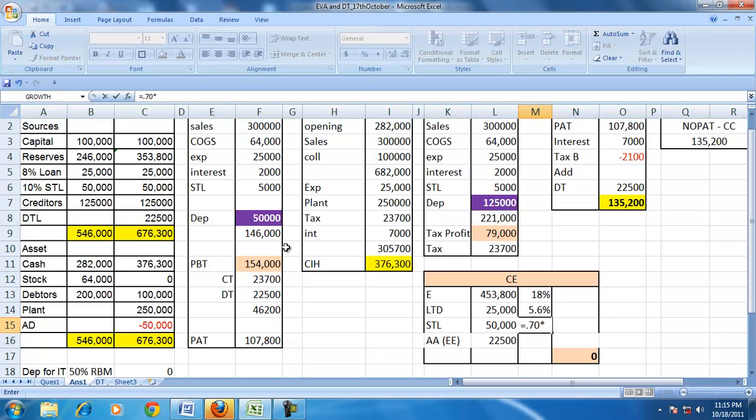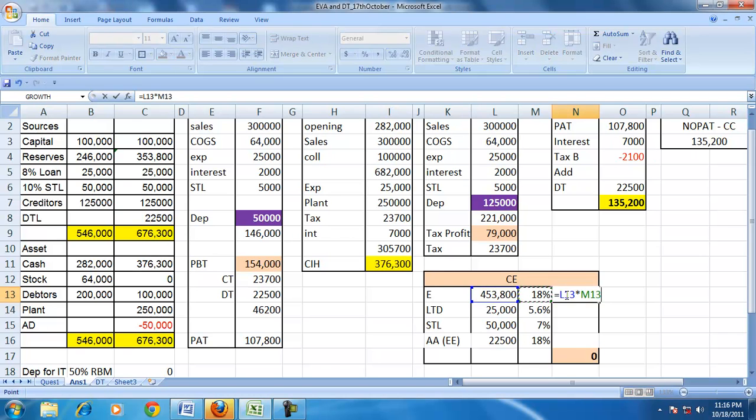And 0.70 into 10% for the short-term loans, so it is 7% is the cost of the debt, and the accounting adjustment is treated as the equity equivalent, so the corresponding cost will be 18%.